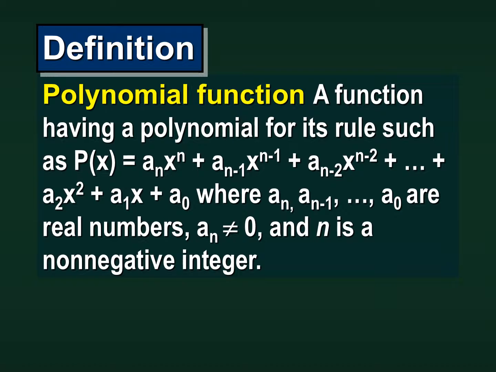Let's look at the definition of polynomial function. So again, instead of saying f of x, we have p of x to stand for the polynomial. And what it looks like is in descending order. So your degree or your exponent is always going to be 1 less, until you get to your constant term where your n is 0, and that makes it x to the 0 power, which is 1, which gives you just a coefficient.